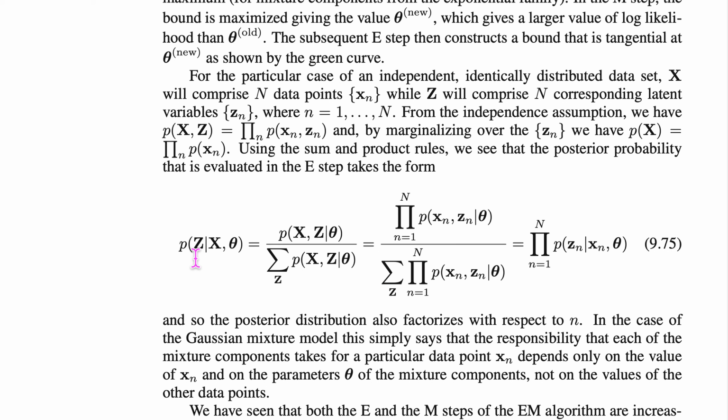The probability of Z given the data X and the parameters of the model theta. So this is just going to be a product of all the individual data points, divided by the normalization term, which is the same thing, but summed over every single latent variable Z. Okay?